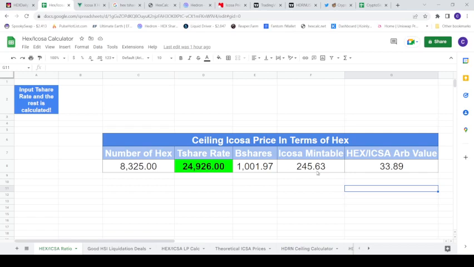So basically, the mintable Icosa is the amount of Icosa that you would get if you were to sell your one T-share stake currently to the Icosa contract. So you get 245 Icosa for that. And the R value is 33.89 hex per Icosa.